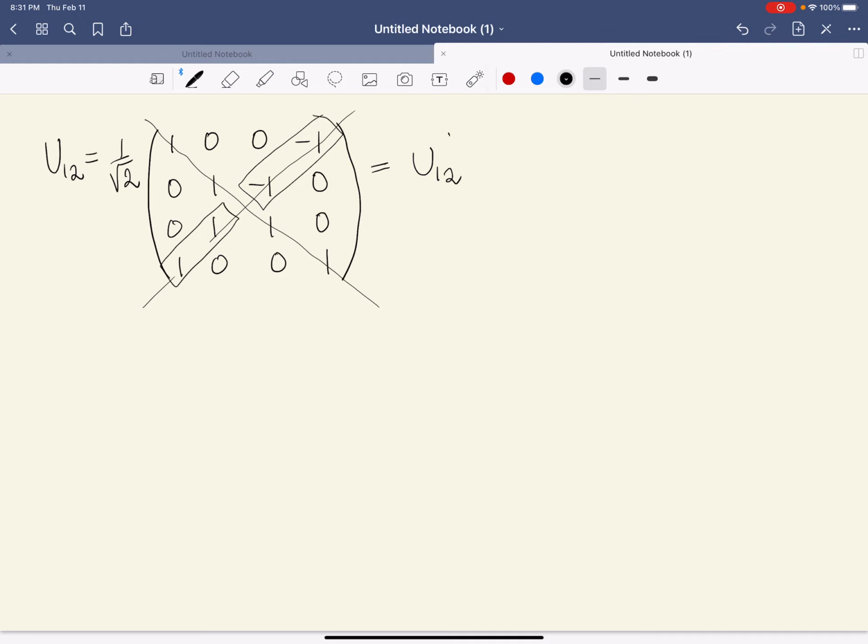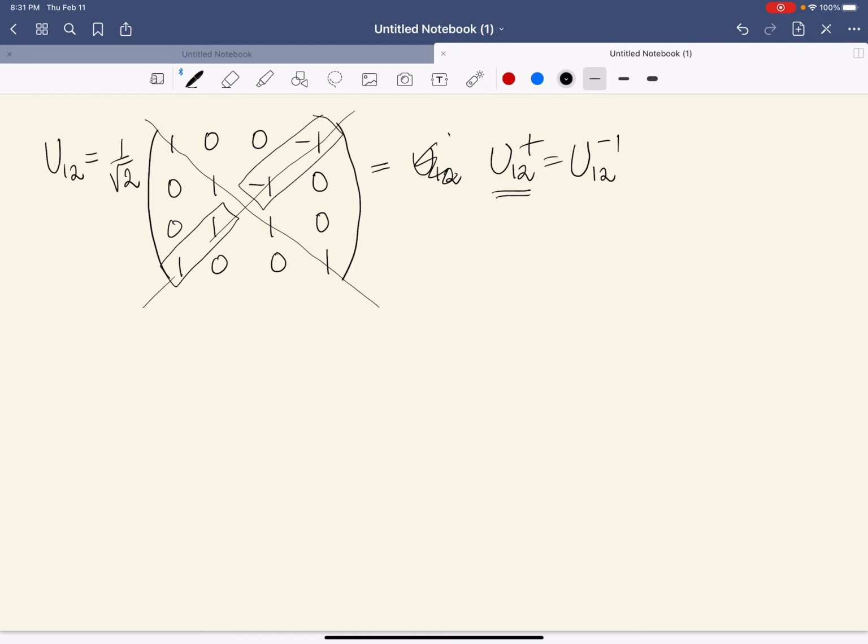So how do I express this? With this matrix, you can verify that U12 dagger is U12 inverse, and U12 dagger is complex conjugation followed by a transpose.